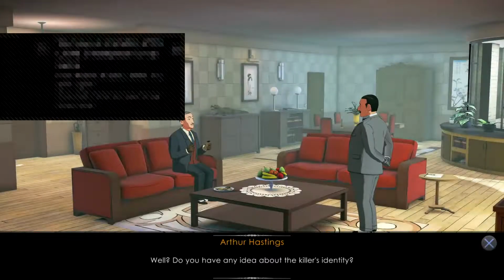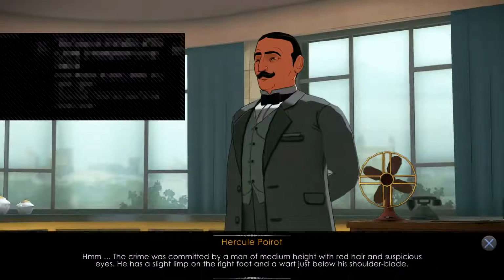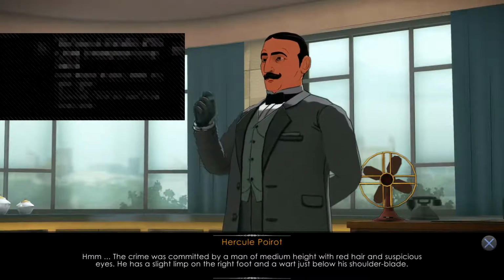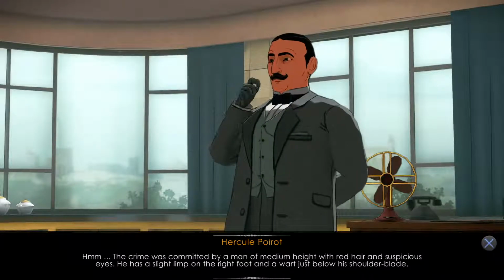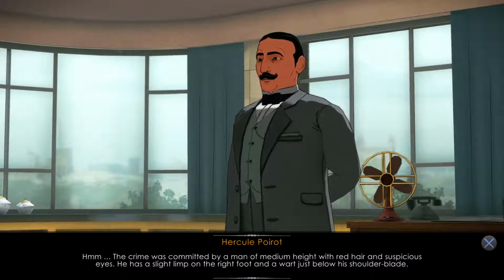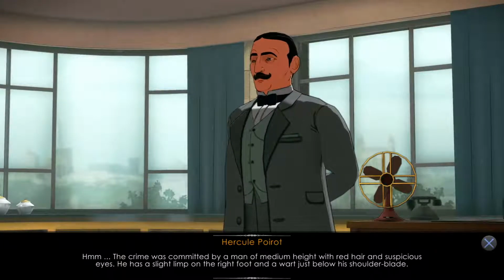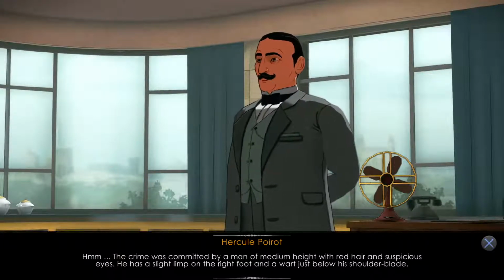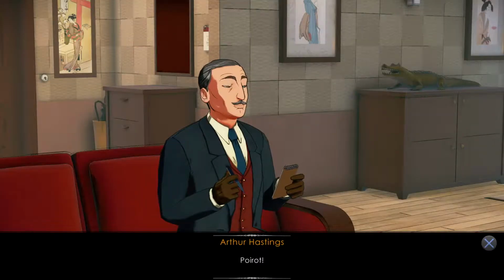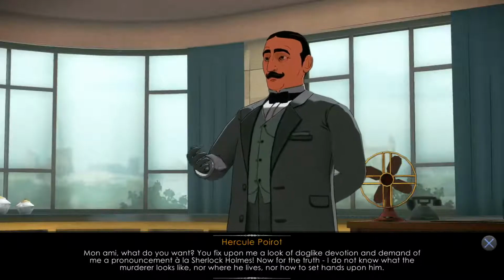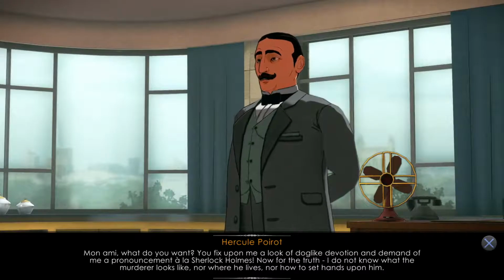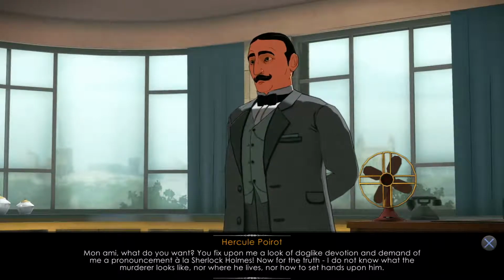Well, do you have any idea about the killer's identity? The crime was committed by a man of medium height, with red hair and suspicious eyes. He has a slight limp on the right foot, and a wart just below his shoulder blade. Poirot! Mon ami, what do you want? You fix upon me a look of dog-like devotion and demand of me a pronouncement à la Sherlock Holmes.